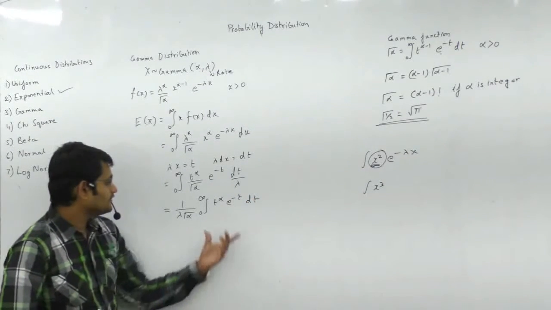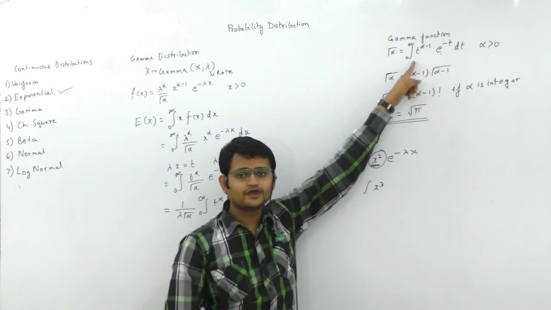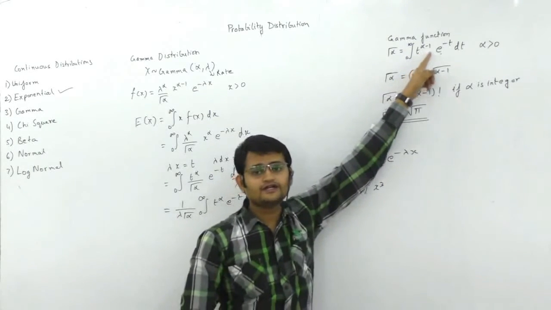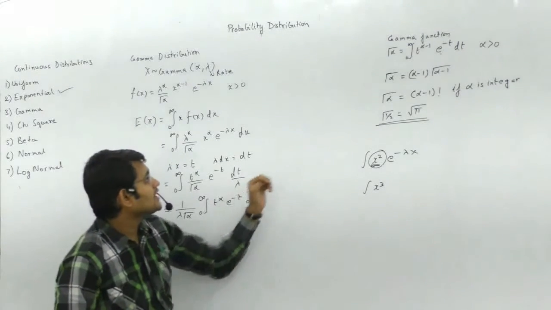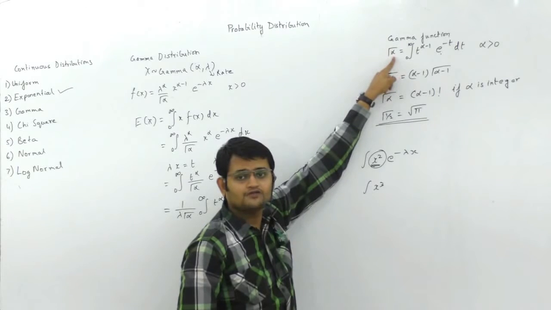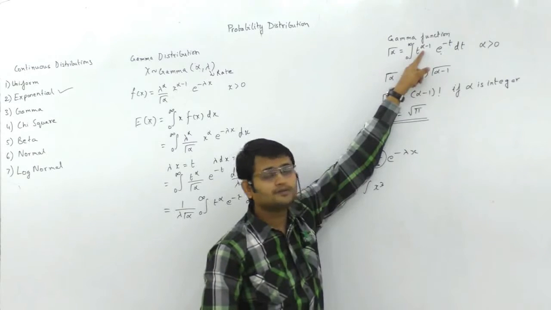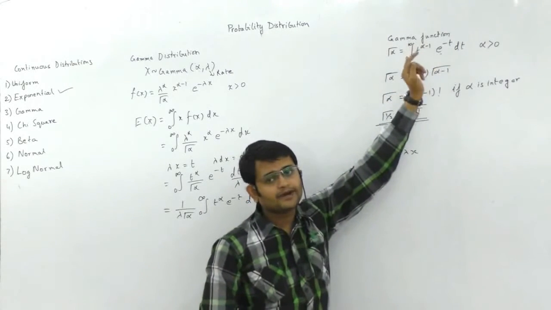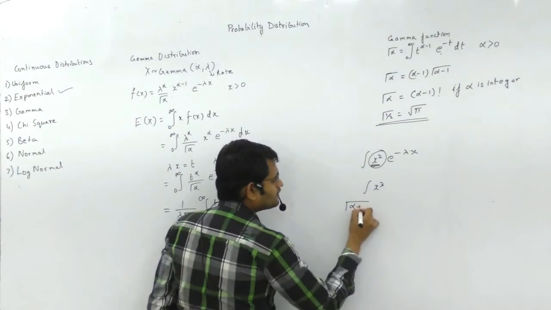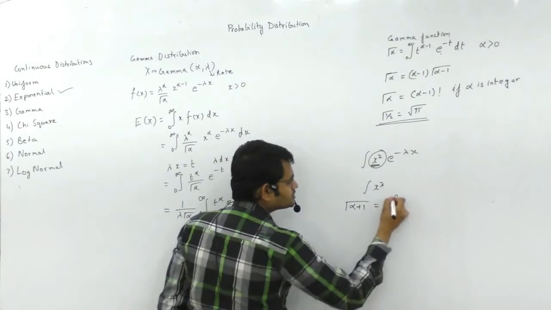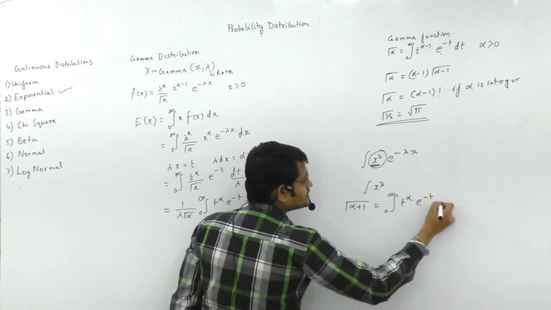So basically we have this particular value. Now does that look very similar to a function that we have derived? Just the difference is here we had minus t raised to alpha minus 1, and here we have t raised to alpha. So if I replace this alpha with alpha plus 1, I'll have to replace this alpha also with alpha plus 1, and alpha plus 1 minus 1 gives me alpha. So basically gamma of alpha plus 1 is going to be nothing but 0 to infinity t raised to alpha e raised to minus t.